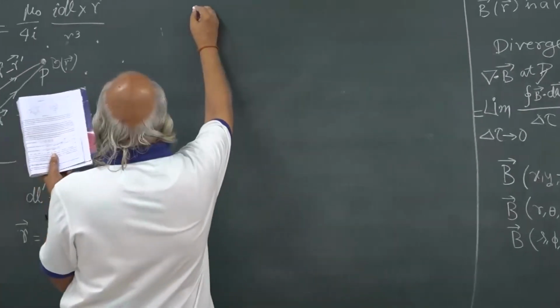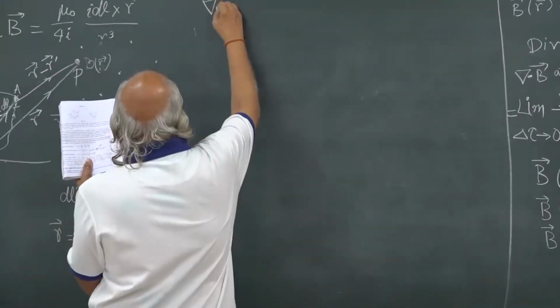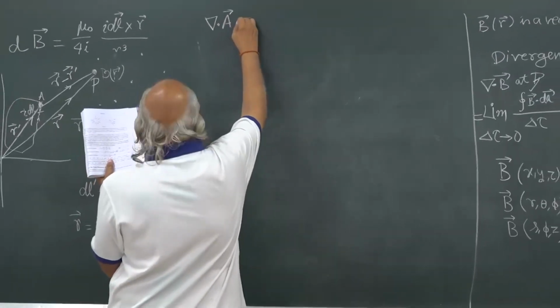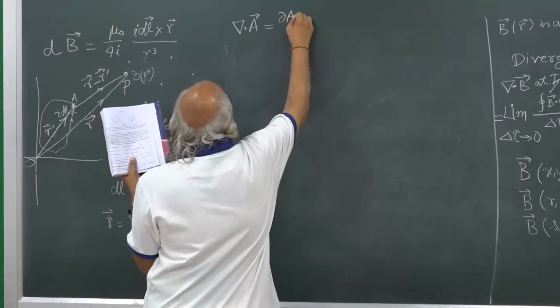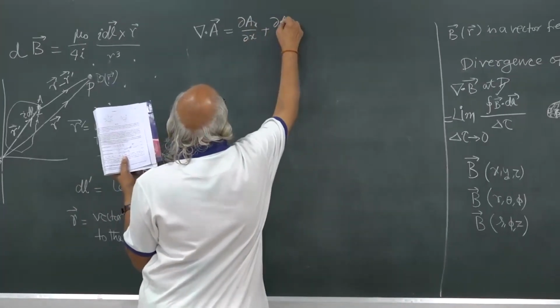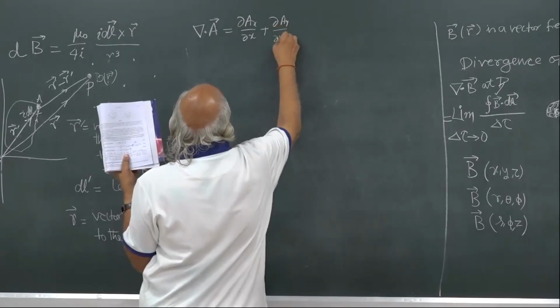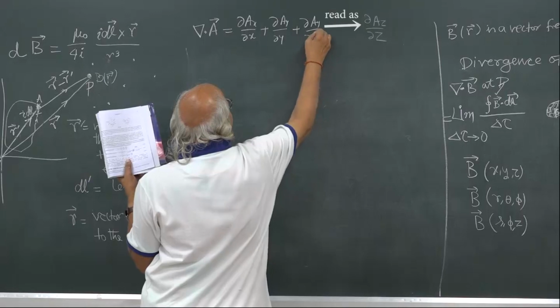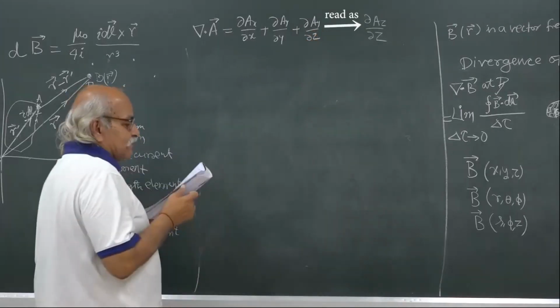So, it says that the divergence of any vector A is del Ax del x plus del Ay del y plus del Az del z. What does it mean?